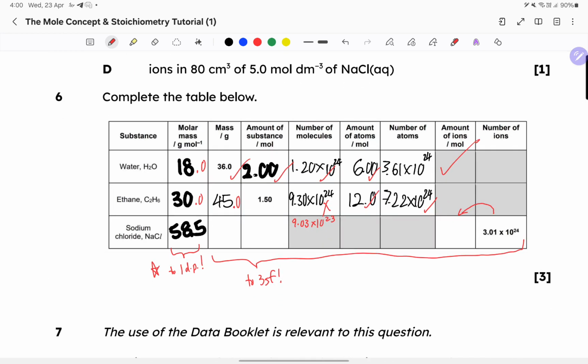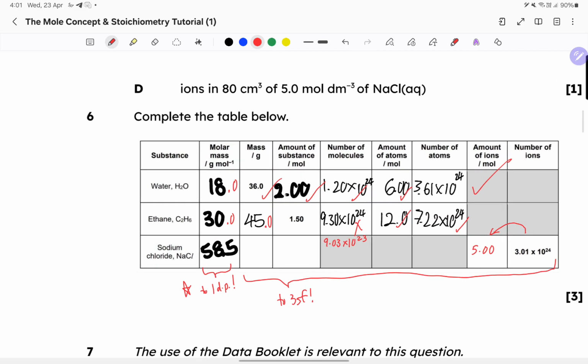So 3.01 times 10 to the power of 24 divided by the Avogadro's number, giving you 5.00.